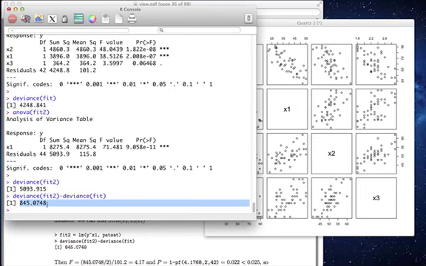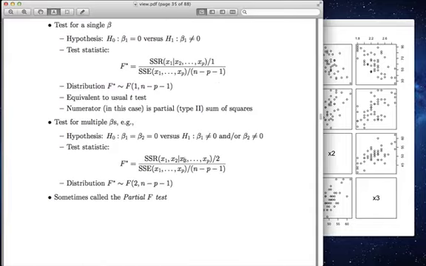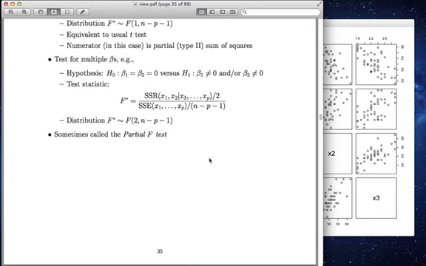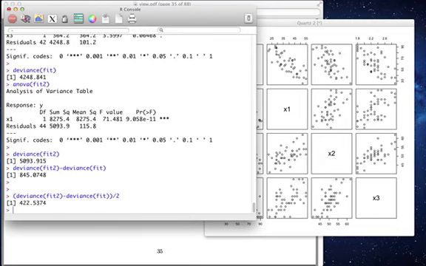Now we need to do the F-test. So how do I do that F-test? If we go back, I'm going to take the extra sums of squares, that's what we just found, and divide it by 2. So let's do that. If I take this and divide by 2, we get the numerator of that result.